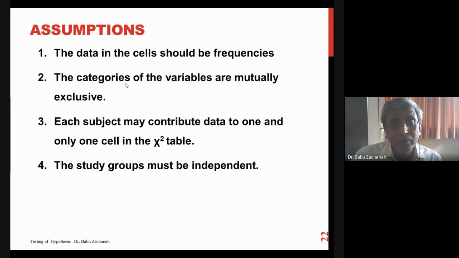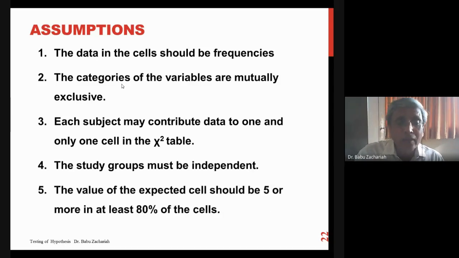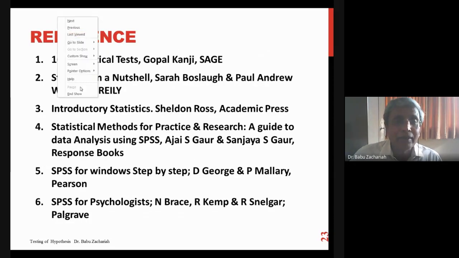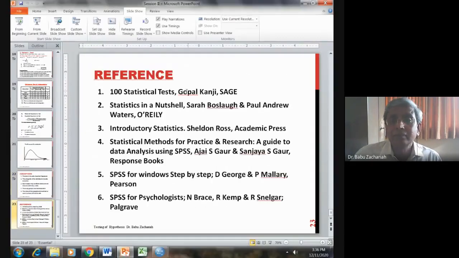The study groups must be independent, and the value of the expected cell should be 5 or more in at least 80% of the cells. So when you calculate Eij, it should be greater than 5 in at least 80% or more of the cells. That is the thing. This I will come back to later. Now I will not discuss.